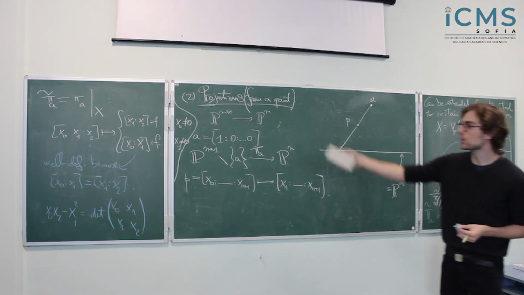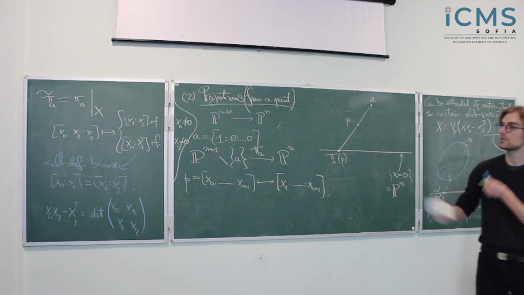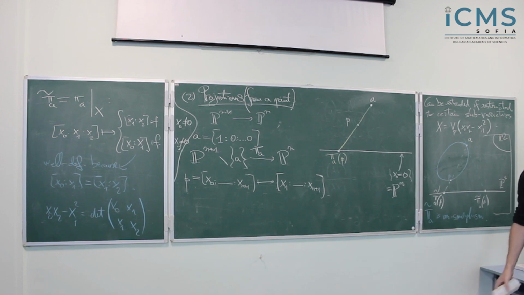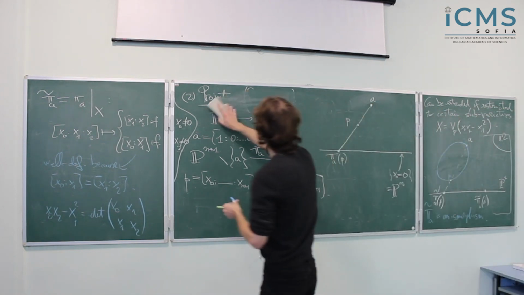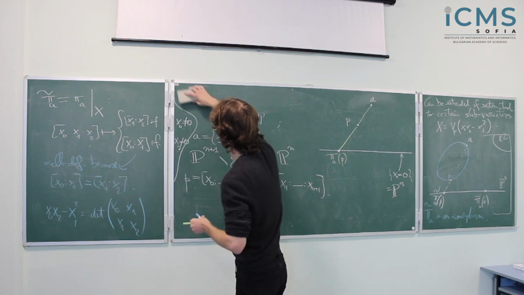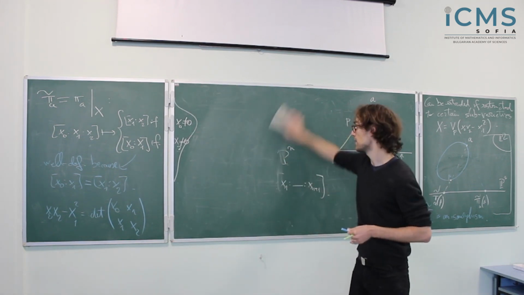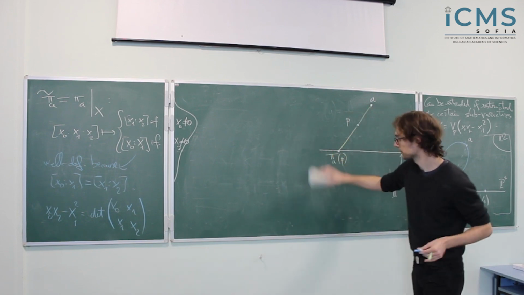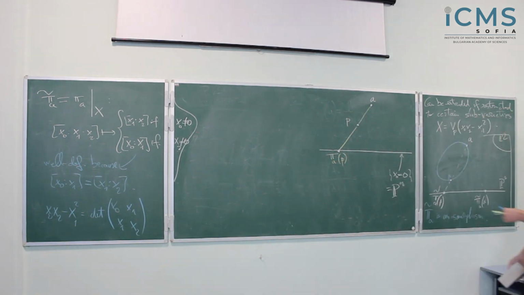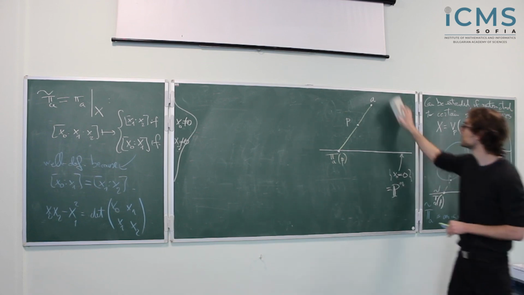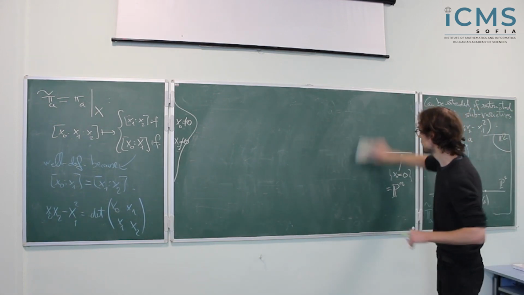Through homographies and the classification of quadratic forms in 3 dimensions, you can show that every non-degenerate conic, meaning the quadratic form is non-degenerate, will be isomorphic to P1.